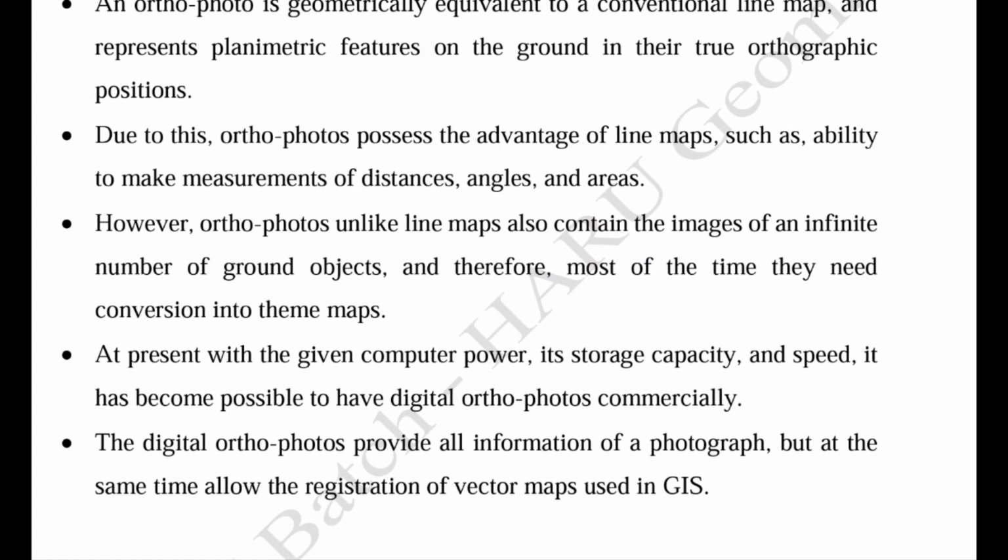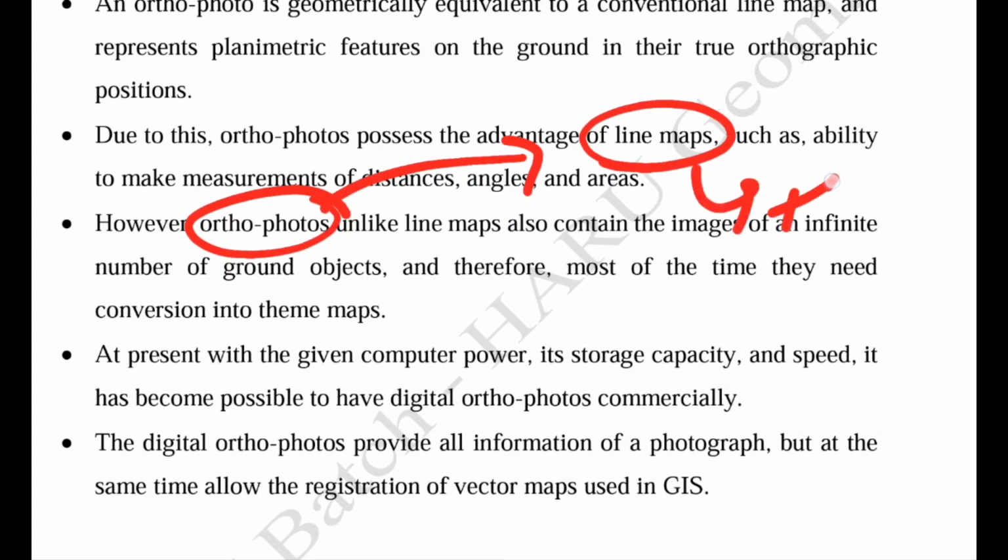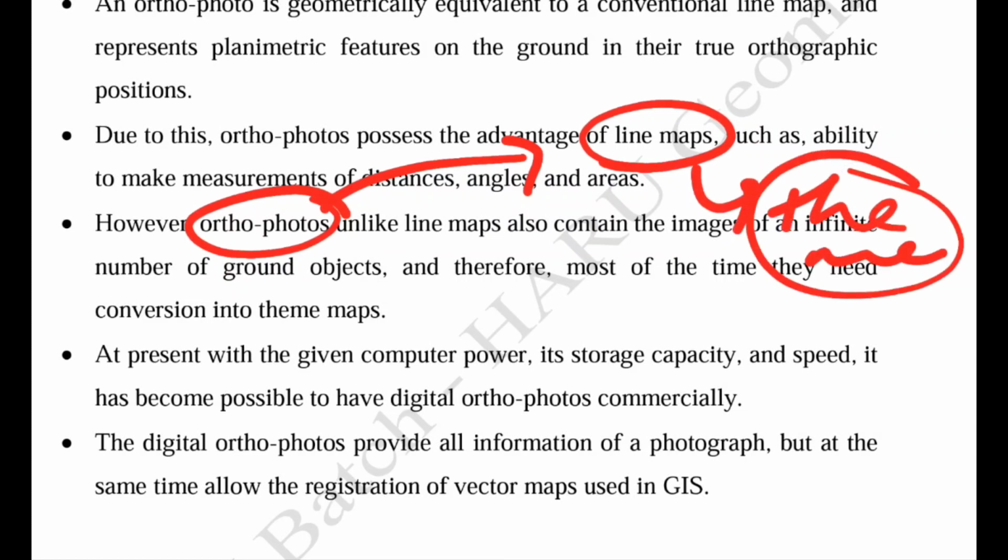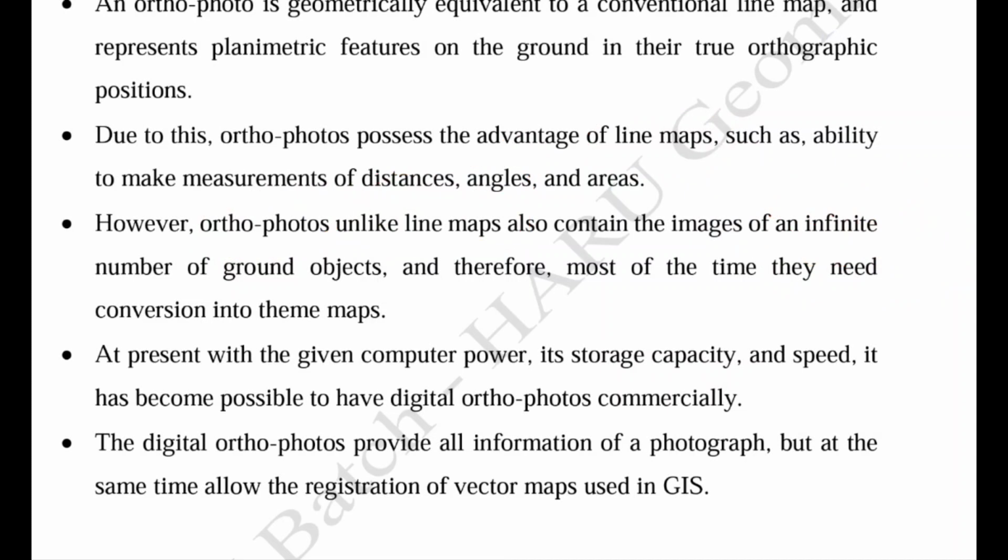However, orthophoto, unlike line maps, also contains the image of an infinite number of ground objects, and therefore most of the time they need conversion into theme map. As we have read about the line maps, that is a theme map, means we have focused on a particular object. If these orthophotos are unlike line maps, then they will cover many ground objects, and for that we have to focus on a particular object, then we need to convert into the theme maps.